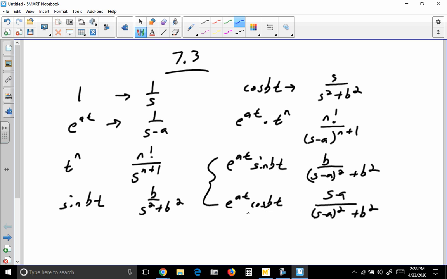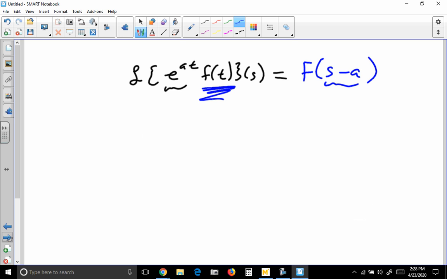Same thing here. The transformation for cosine is s over s squared plus b squared. If we multiply that times e to the at, every s gets replaced with s minus a. So that's the first new property in 7.3. That's just a translation.